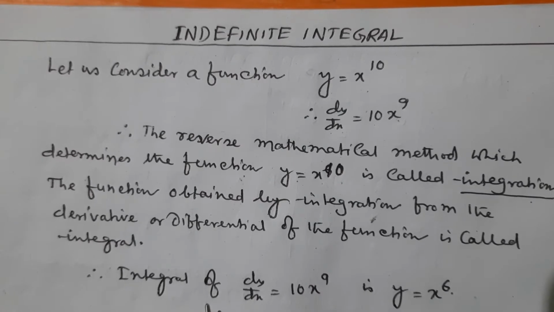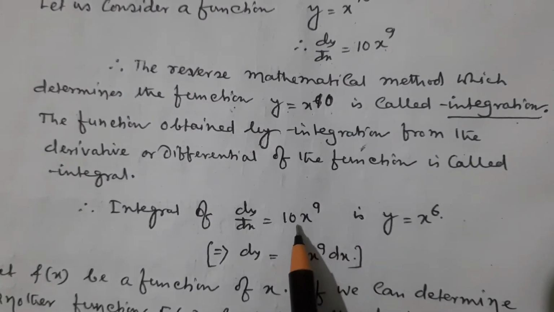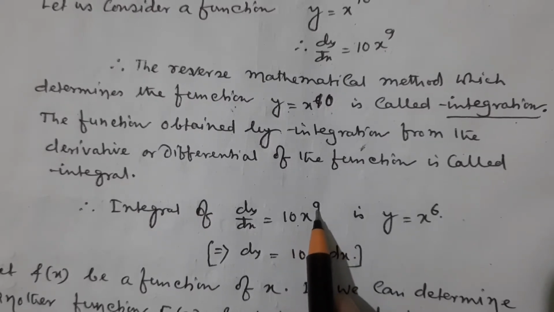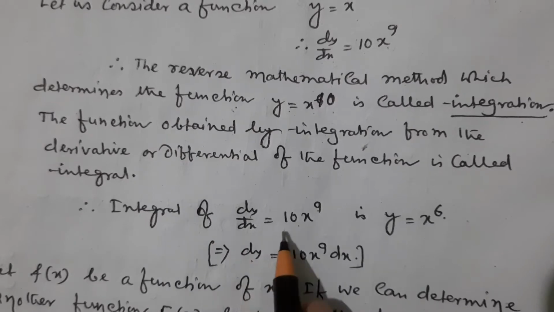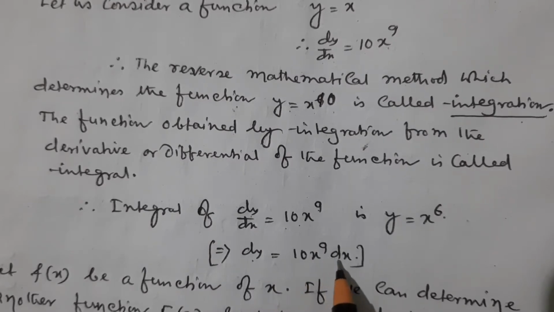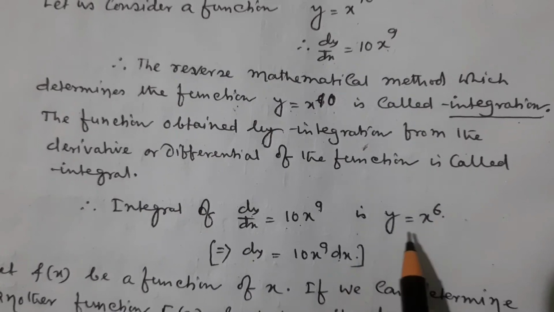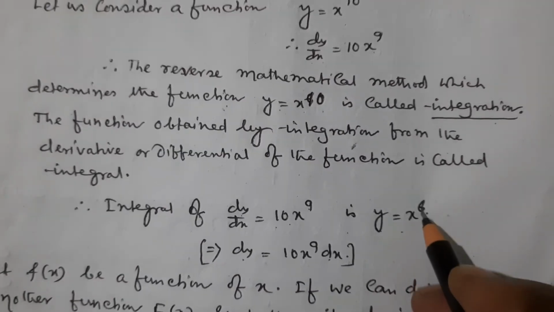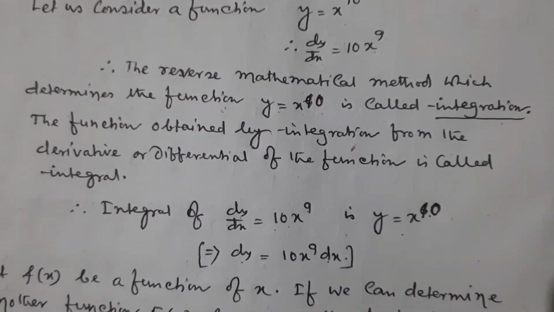Integral of dy/dx equals 10 x to the power 9, and this implies that dy equals 10 x to the power 9 dx, that is, y equals x to the power 10.